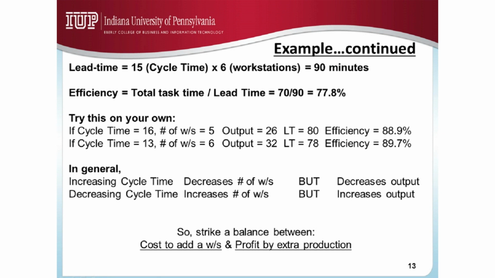The manager has to decide based on how much the desired output rate is, how much it costs for different sizes or lengths of workstations, and the number of employees. But this gives you an idea of how the dynamics between the desired output rate, the cycle time, the number of workstations, and the efficiency of the assembly line all play together.